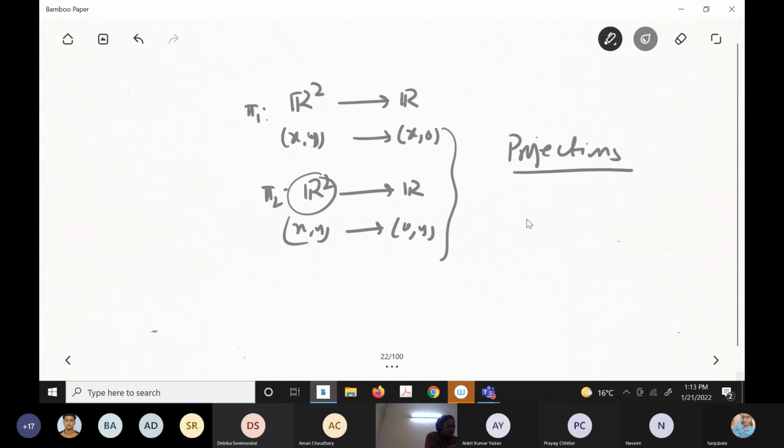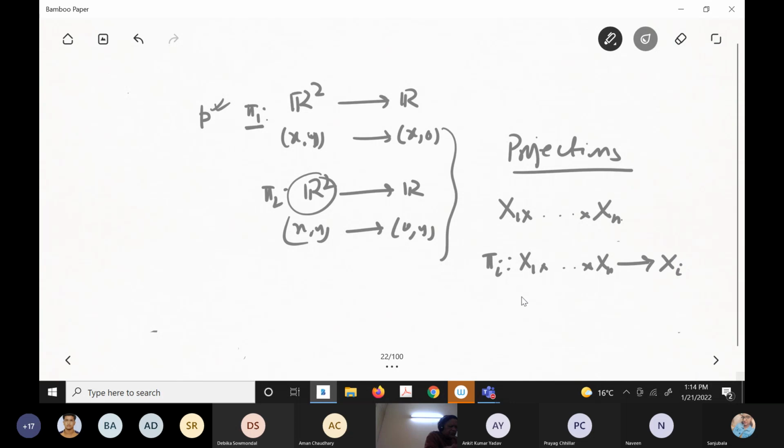So similarly, when I have this product, some people use P. Pi is the Greek letter for P, so some people write P. So here pi i will be xi.